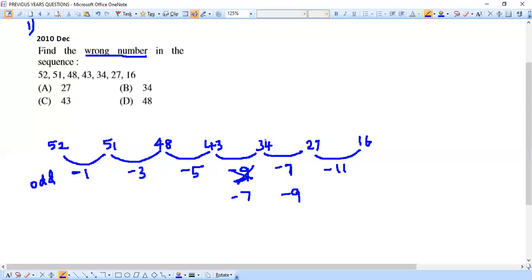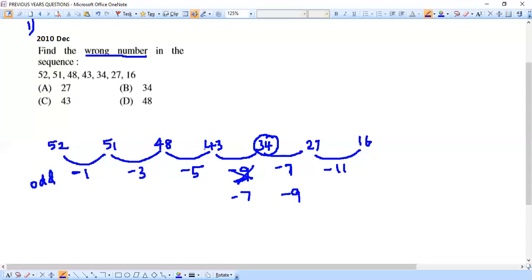That is because we had this 34 here. So this 34 is causing that trouble. Okay, fine. So that means by logic, what we need to get is minus 1, minus 3, minus 5. Then from 43, we should have done minus 7 only. Do you understand? I think you are properly able to follow the flow. From 43, we should have done this minus 7.